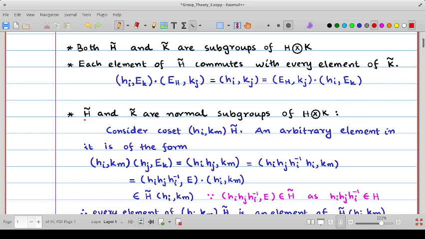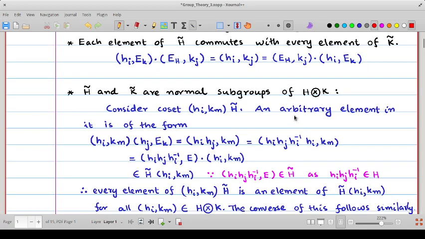Further, H tilde and K tilde are normal subgroups of H outer product K. And to see this, we consider a left coset of H tilde with the element Hi comma Km, because a typical element of H cross K is of the type Hi comma Km, where Hi is in H and Km is in K. So we consider a left coset of H tilde with this element.